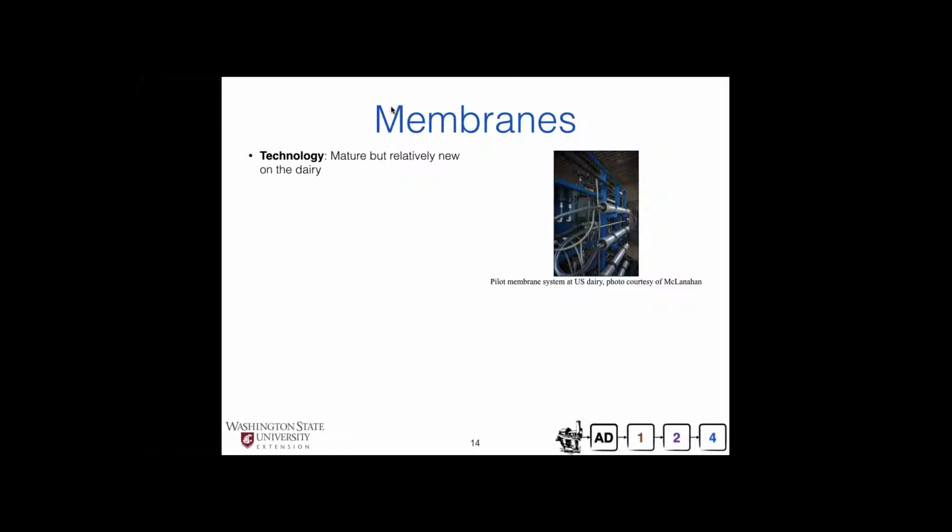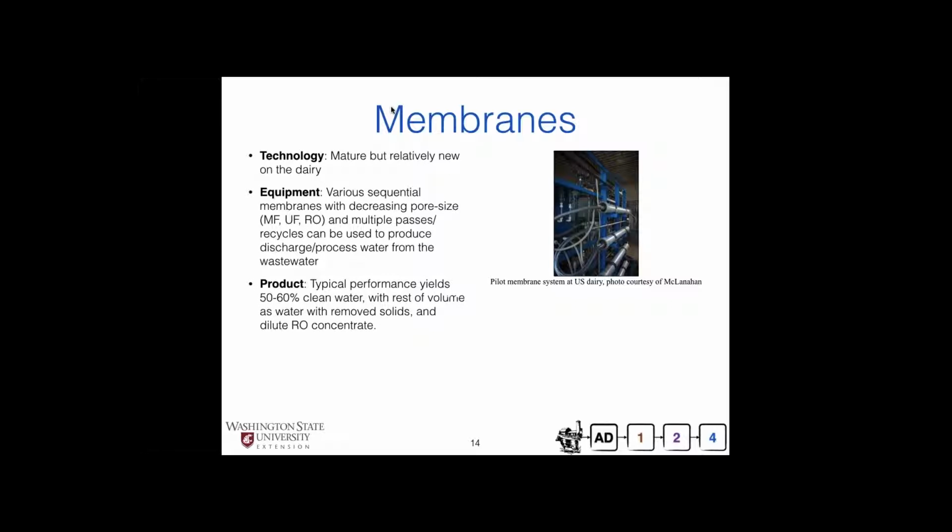So again, we've seen this on a few of the other units. It's a very mature technology, but again, it's relatively new on the dairy. The equipment, because the technology is mature, is known, especially to municipal and industrial wastewater treatment. So microfiltration, reverse osmosis, various different size screens, plates, membranes.